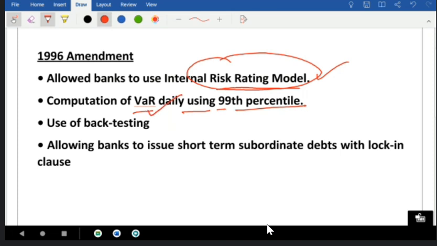Computation of value at risk daily using the 99th percentile. Use of back testing. That means the banks carry out their own testing, allowing banks to issue short-term subordinated debt with a lock-in clause. That means you can see some of the mutual funds are being issued with a lock-in period of maybe 3 years, maybe 6 years, or maybe 10 years. That means in the lock-in period, the customer cannot withdraw their amount before this period.